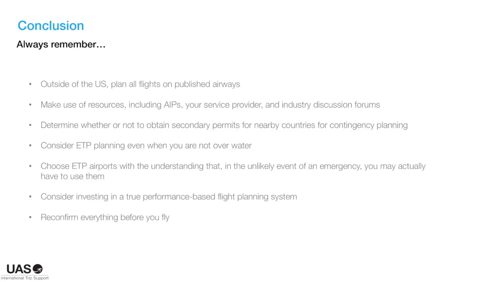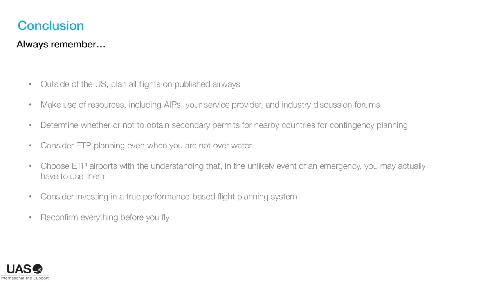Now, in conclusion, please always remember that outside of the US, plan all your flights on published airways. Make use of all the available resources you have, including the AIPs that are available on the internet, your international service provider, and industry discussion forums. Determine whether or not to obtain secondary permits for nearby countries for contingency planning.